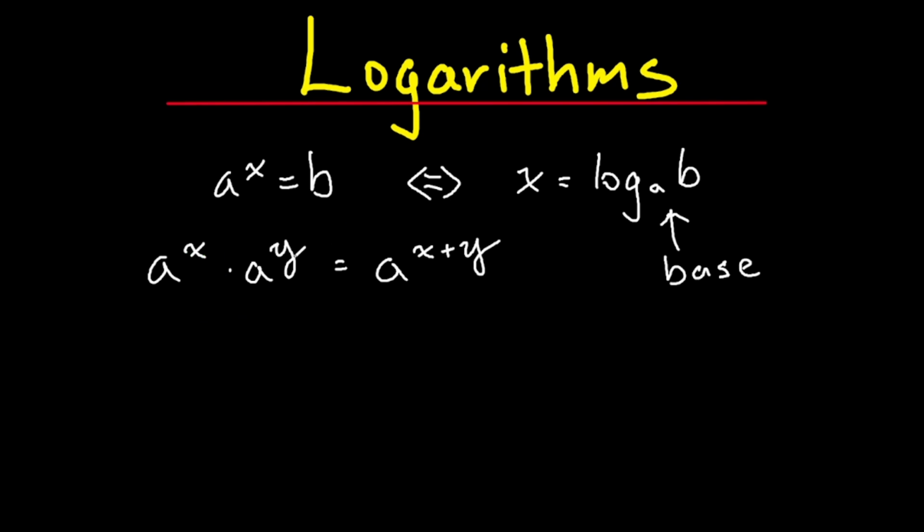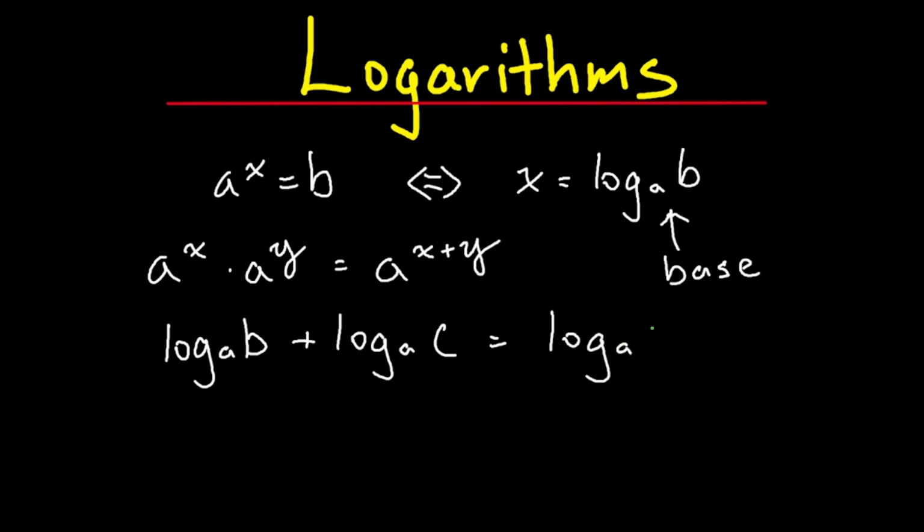Basically, if we look at the exponents, we can write this using logs: log a (b) plus log a (c) equals log a (bc). I'll write them in brackets so that's clear.